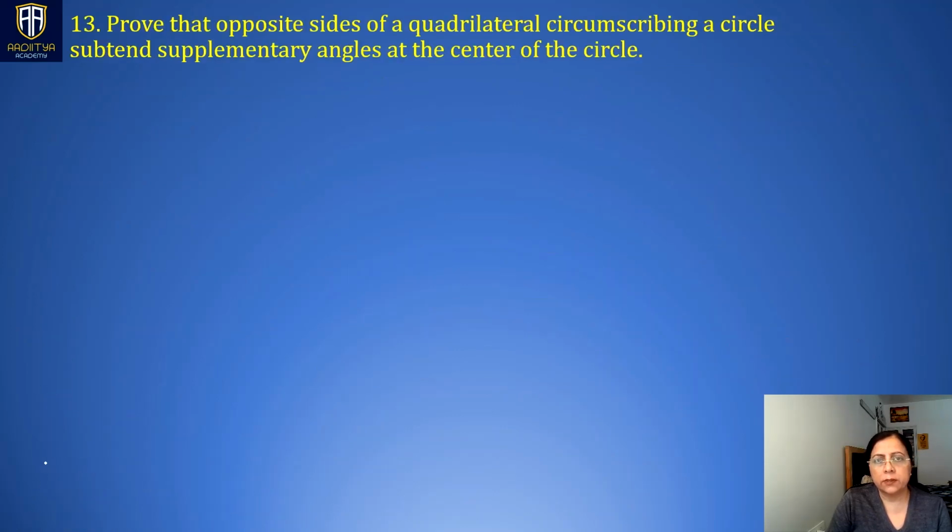The last question is, prove that the opposite sides of a quadrilateral circumscribing a circle subtend supplementary angles at the center. Right? So we have to make a circle, and circumscribing a circle, we have to make a quadrilateral here.